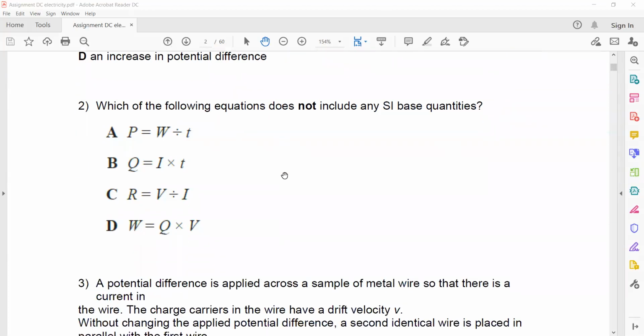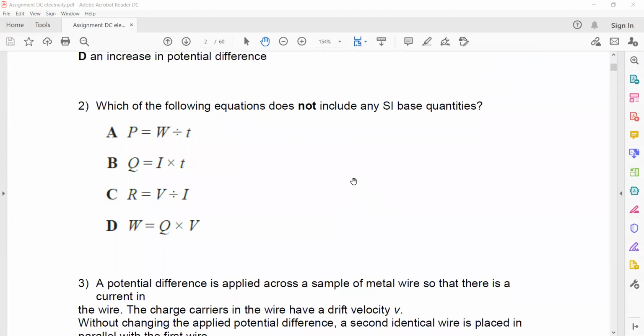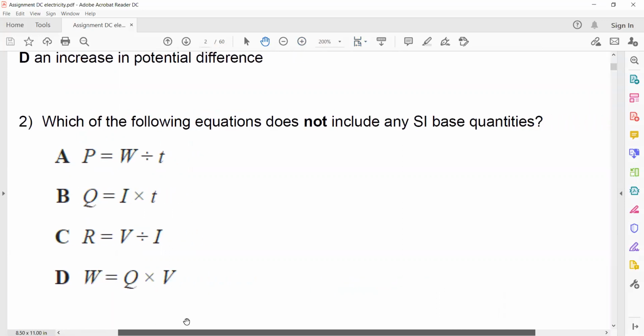Question 2. Which of the following equations does not include any SI base quantity?